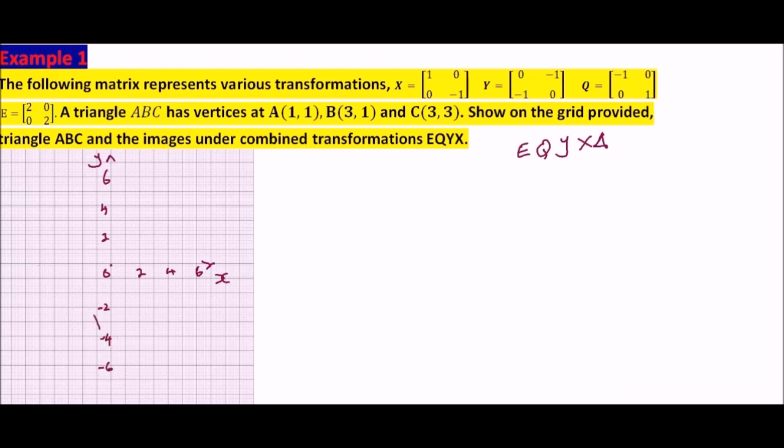That's our negative side of y. Then we have -2, -4, and -6. Our triangle, first point is at 1, 1. So that's where we have our A. We have our B at 3, 1. So that's how we have B. And C is at 3, 3. So this is our C.